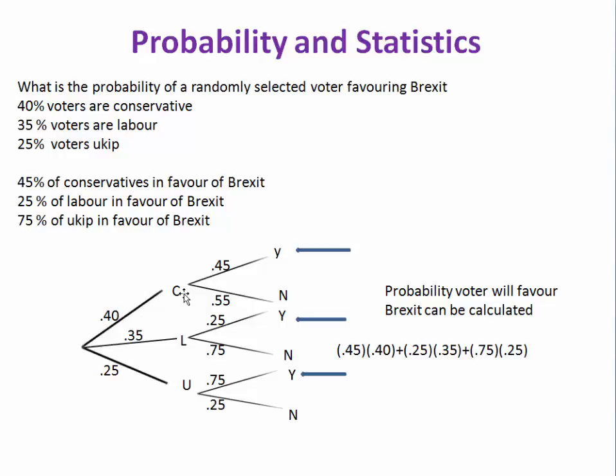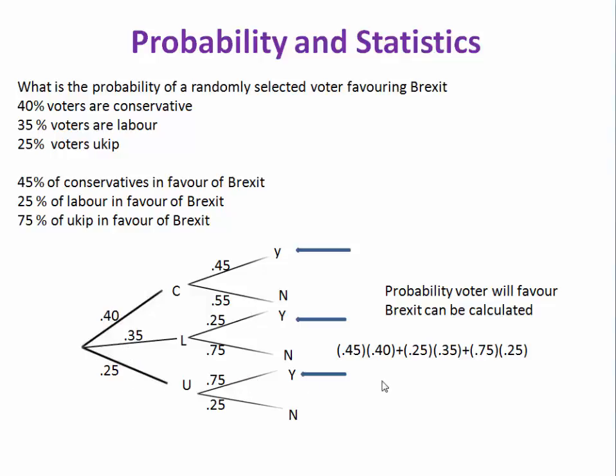This adds up to 100%, or 1 as the case may be. And this is C for Conservative, Labour, UKIP. Now we're told that 45% are in favour of Brexit, so that makes 55% no. 25% for Labour are in favour, which makes 75% no. 75% are yes for UKIP, let's leave Brexit, so that makes 25% no. Mark off our yeses, so this is yes, we want to leave, yes, we want to leave, yes, we want to leave, and then follow the branch down, this route to the yes, and this route to the yes, and then this route to the yes.